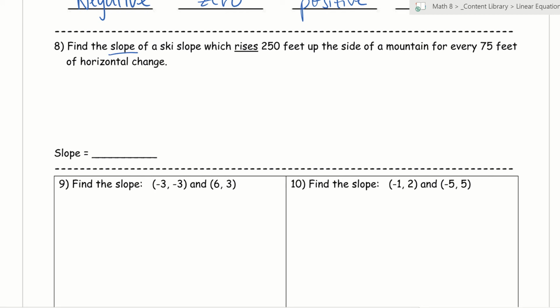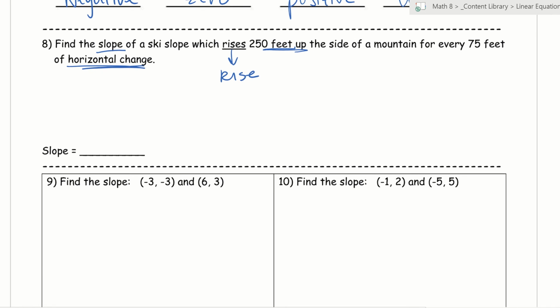Don't worry about 8 right now, though I do think you can do this. So we have the slope, which rises 250 feet up the side of the mountain for every 75 feet of horizontal change. So slope is equal to rise over run. What's my rise?